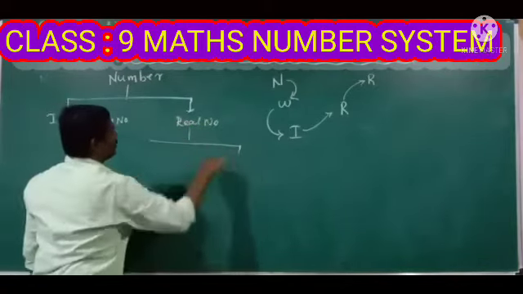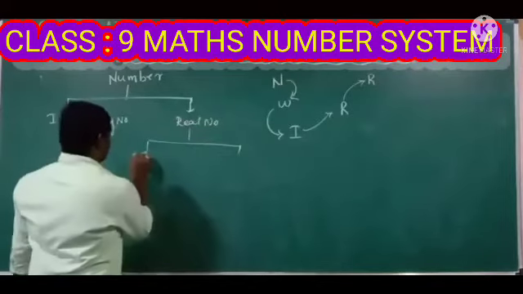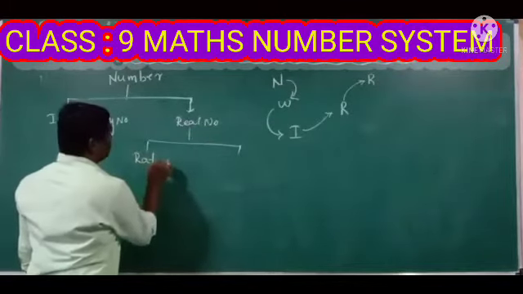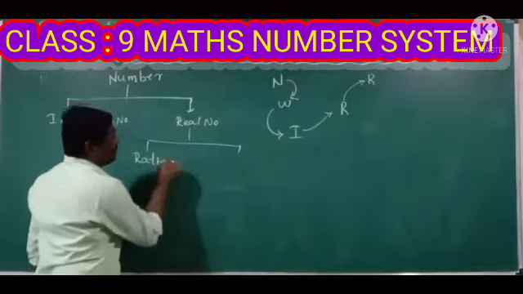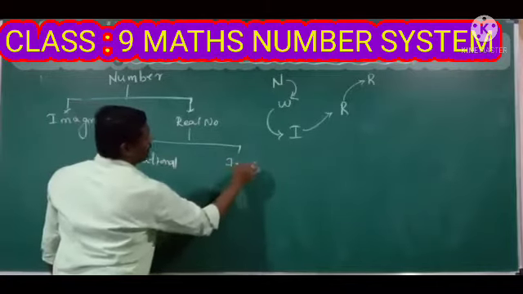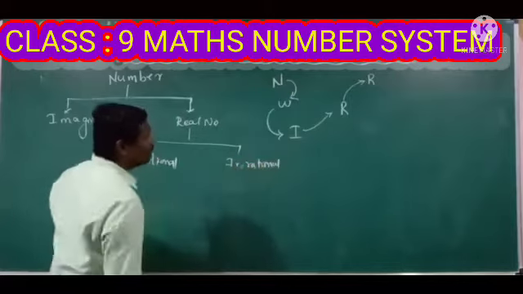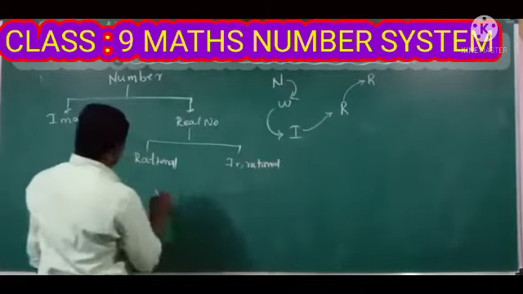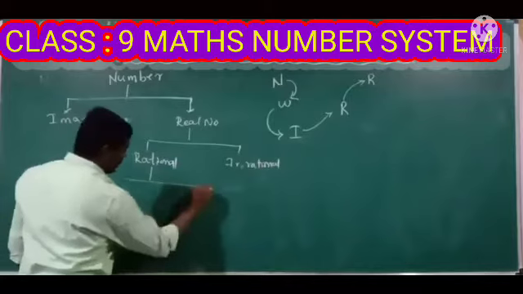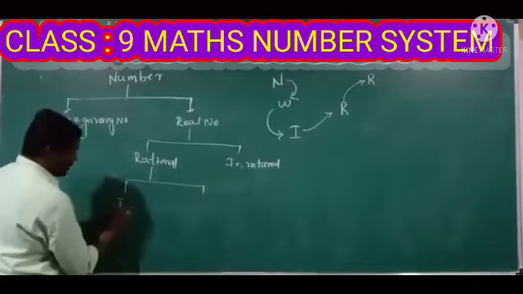And these real numbers are again classified as rational numbers and irrational numbers. Next, these rational numbers we again divide as integers.